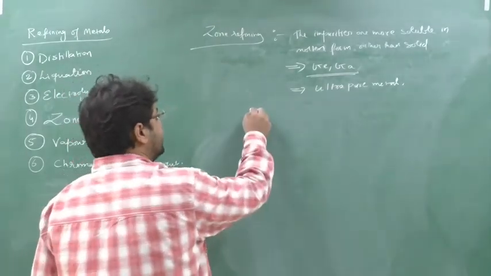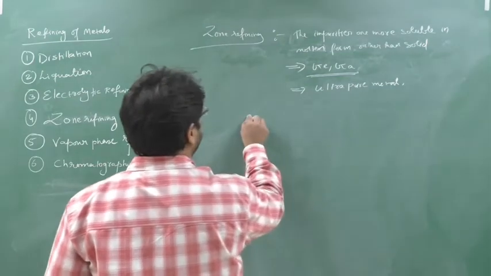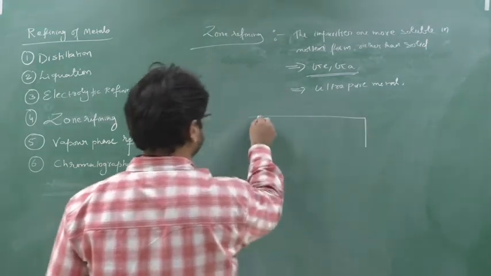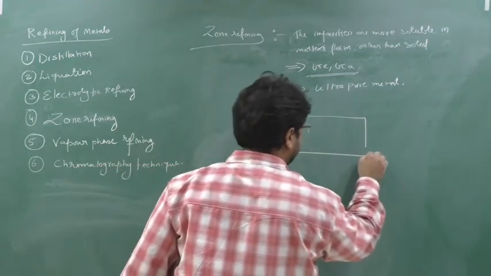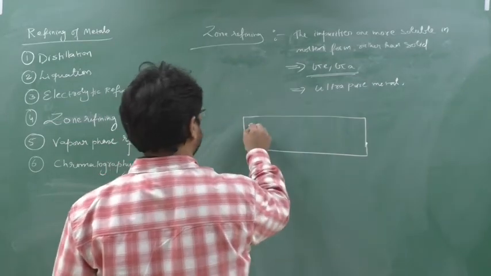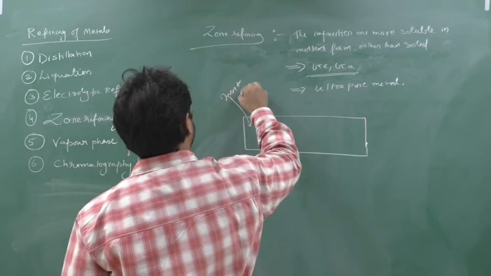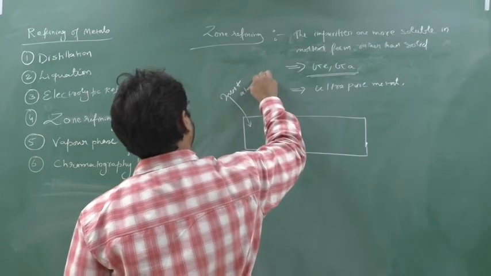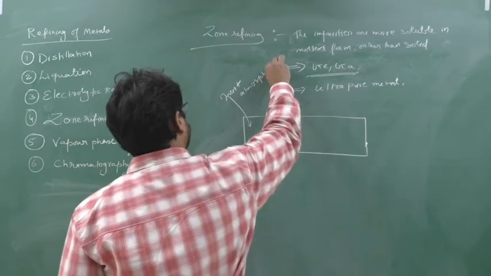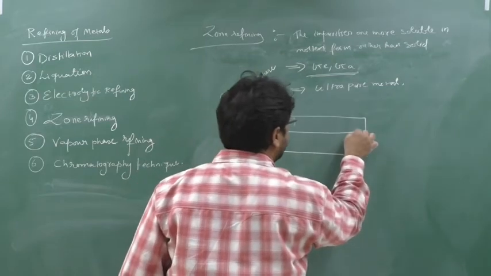So in this we are making one tube here. In this tube we are maintaining an inert atmosphere so that it will not get oxidized. And here we are placing the impure metal rod.